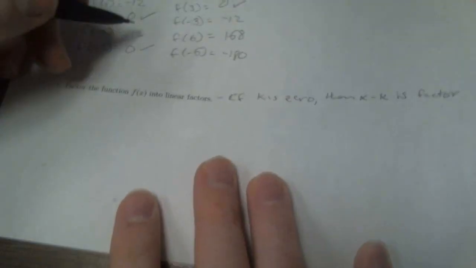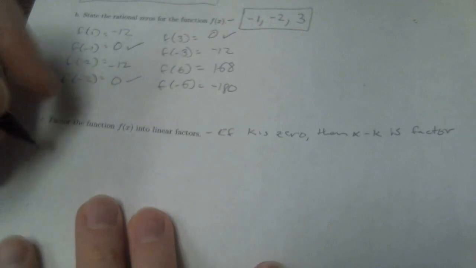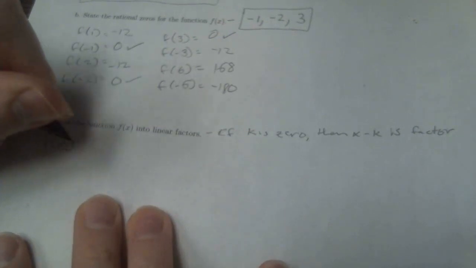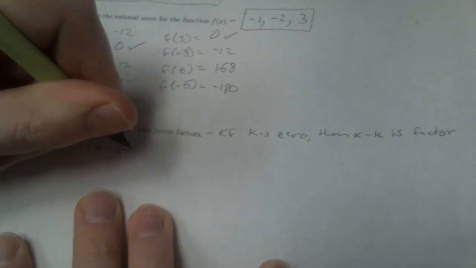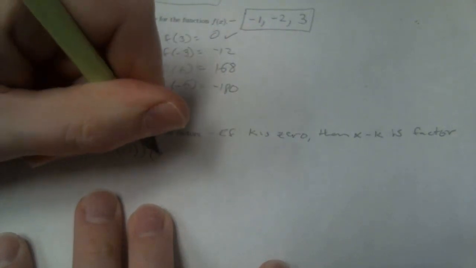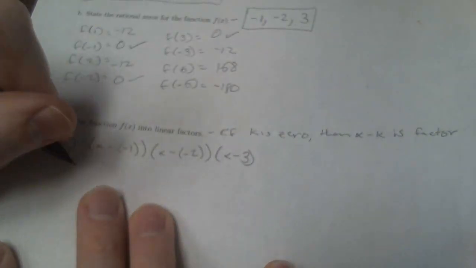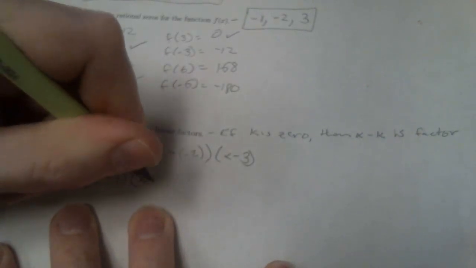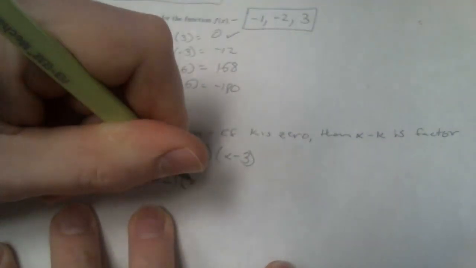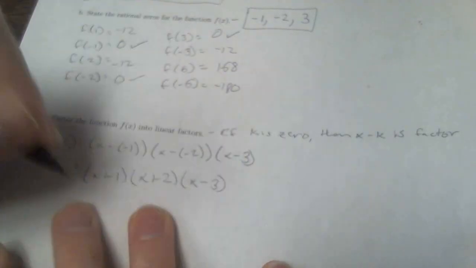Since we found all the zeros here, we can factor it relatively simply. So f of x is x minus negative 1, then x minus negative 2, and then x minus 3, which we can simplify as x plus 1, x plus 2, and x minus 3.